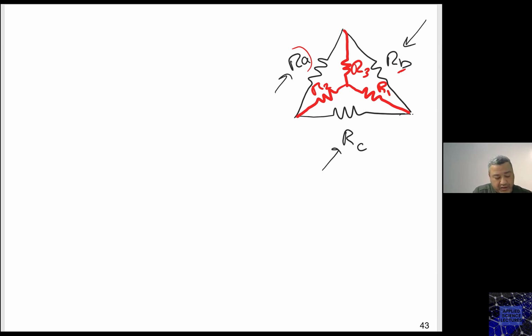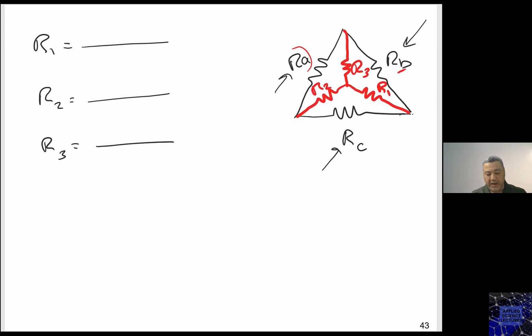You say R1 equals, R2, R3. Now, when you go from delta to Y, the denominator here would be the same, which is basically the summation of those delta resistors.